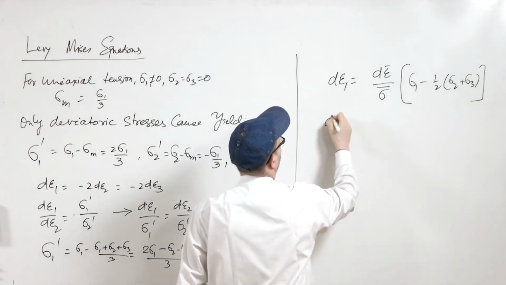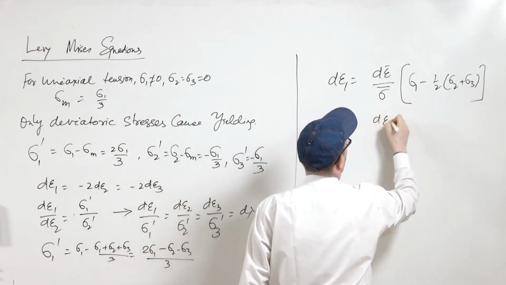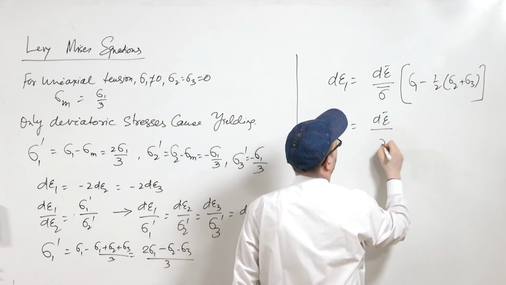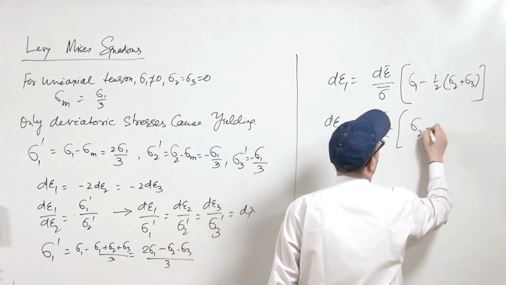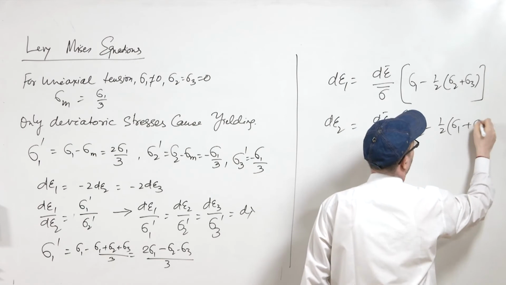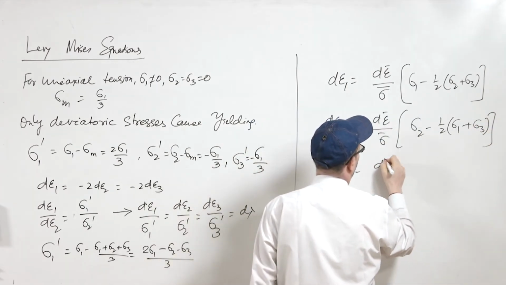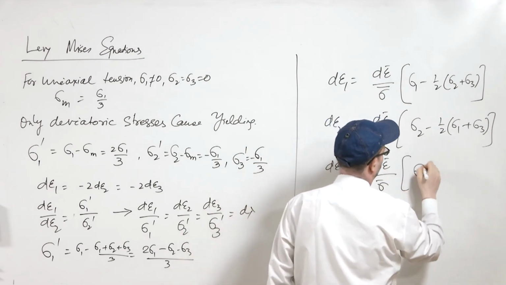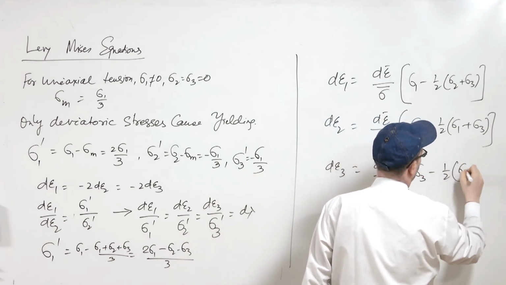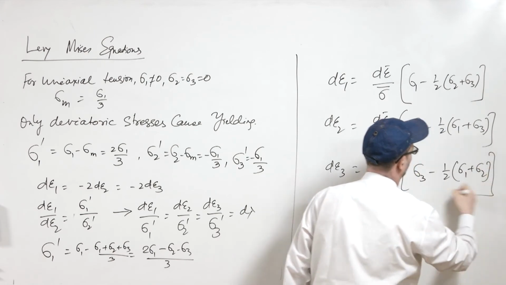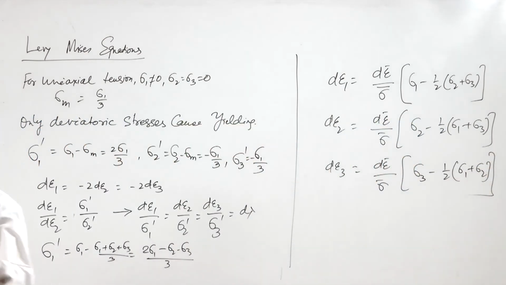Similarly, d epsilon 2 will involve the effective strain and stress components, times sigma 2 minus half into (sigma 1 plus sigma 3), and d epsilon 3 will be times sigma 3 minus half into (sigma 1 plus sigma 2). So, this is basically the Levy-Mises equation for plastic strain.